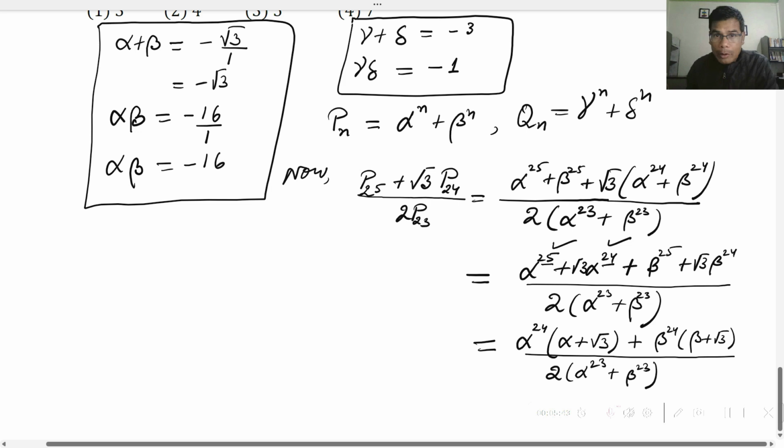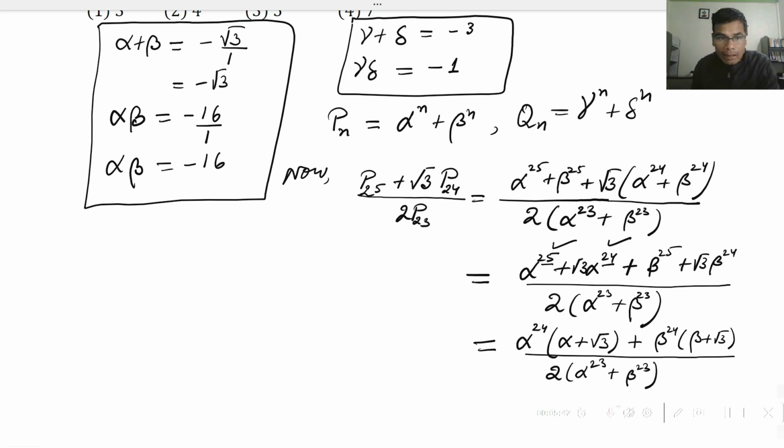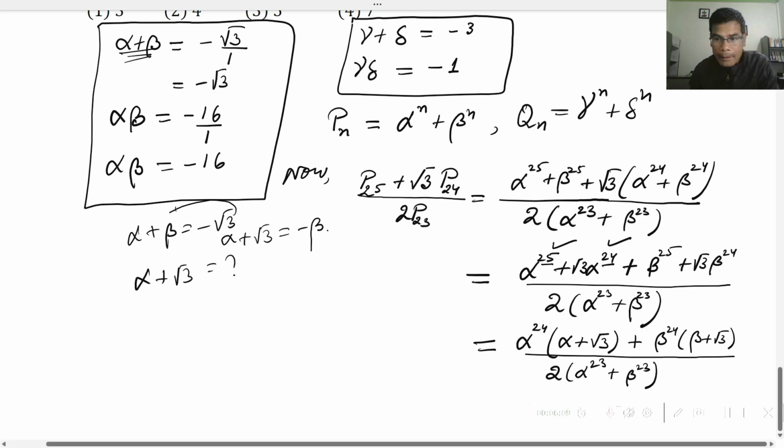Now, alpha plus root 3 is equal to how much? We know alpha plus beta is equal to minus root 3. So if we take this side, we will have alpha plus root 3 equal to minus beta.